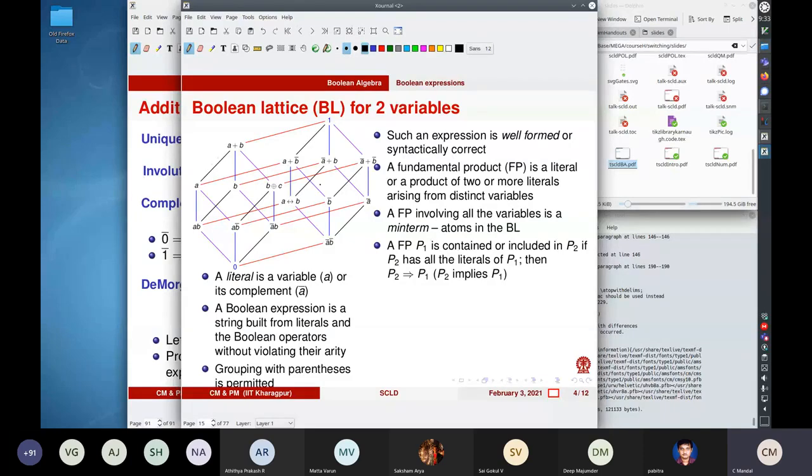Just to give you an example, let us consider this fundamental product, and this is also a fundamental product.